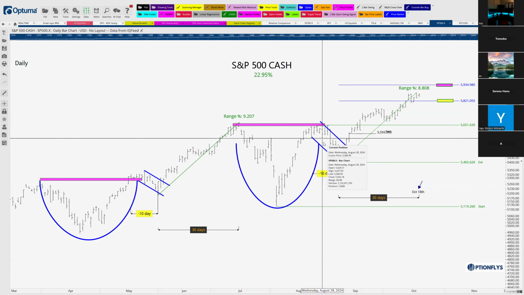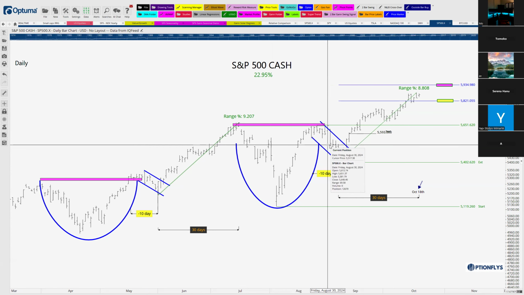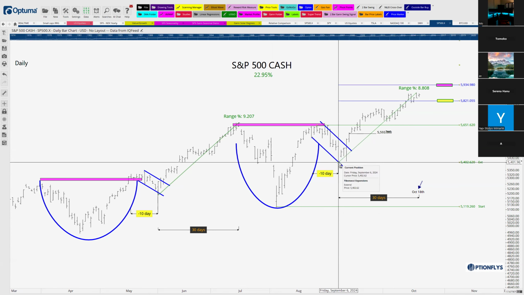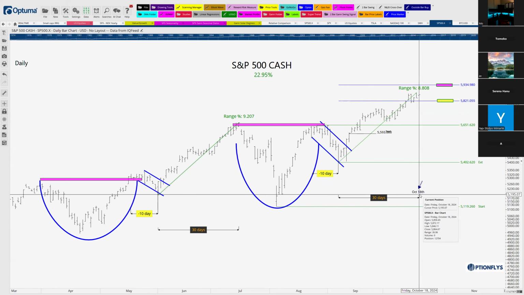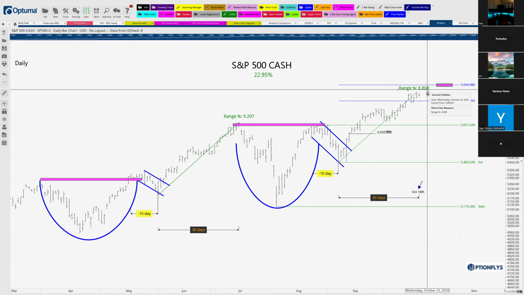Here you have another round bottom, exactly 10 days to the low, and you have 30 days of 8.80% upside. This is remarkable. If you really look at it side by side. Wow, perfect. The time and price has played out here.